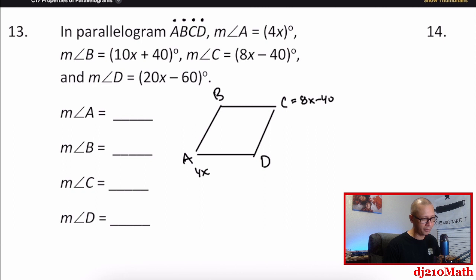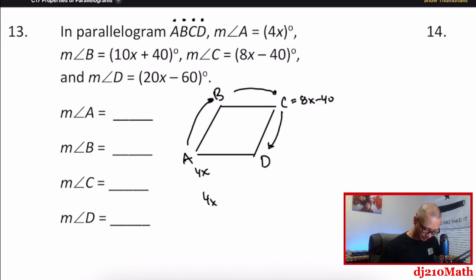You just start at one vertex and go around. Does it matter if you go clockwise or counterclockwise? No, I don't think it does. So A, B, C, D, going around this way. So I know that A and C are going to be equal. That's what I'm getting at here.